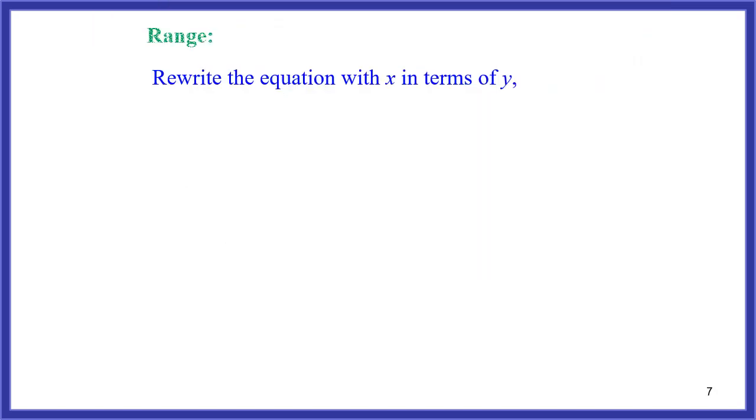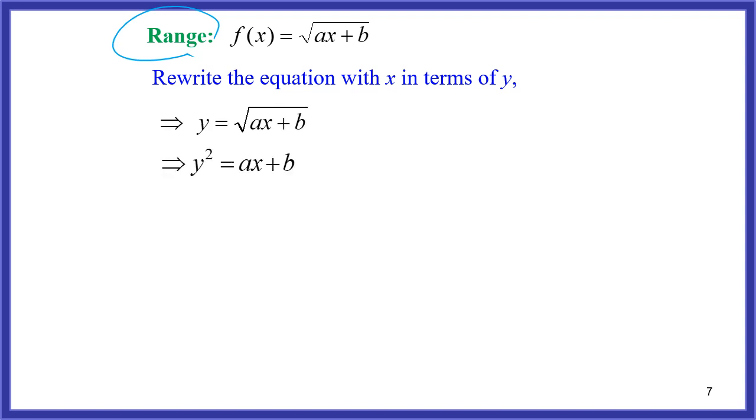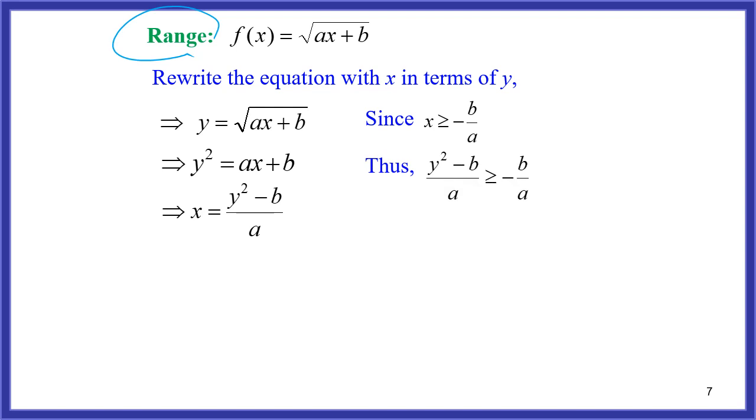Now rewrite the equation with x in terms of y for the range. f(x) equals the square root of ax plus b, so y equals the square root of ax plus b, which means y squared equals ax plus b, and x equals (y squared minus b) over a. Since x is more than or equal to negative b over a, thus we have (y squared minus b) over a more than or equal to negative b over a.